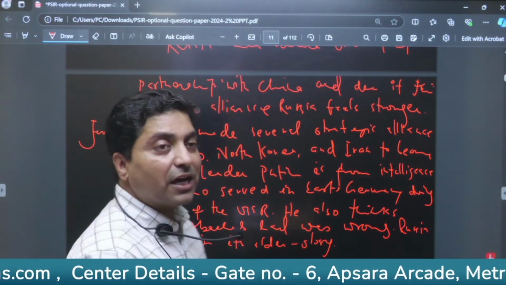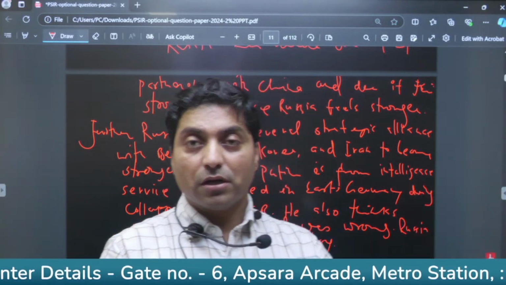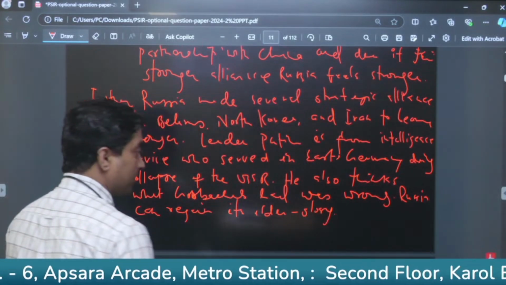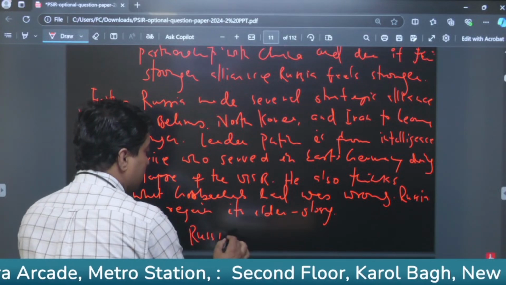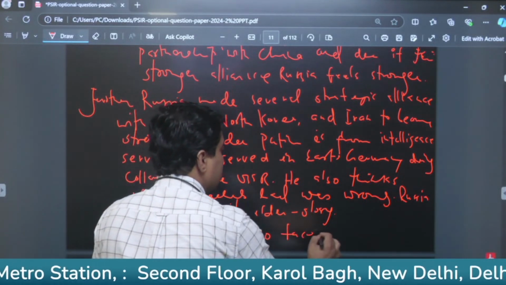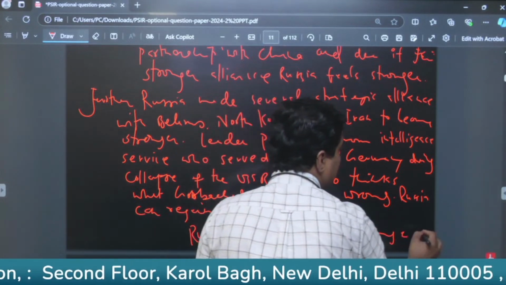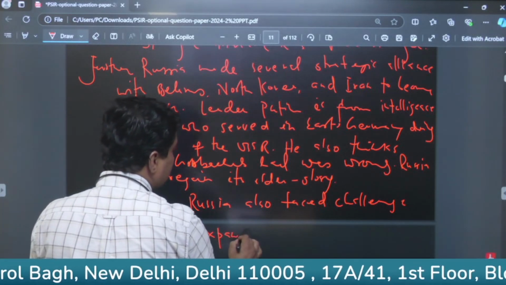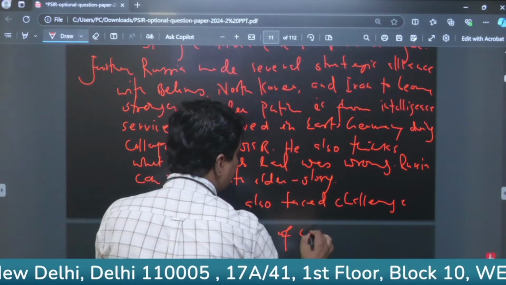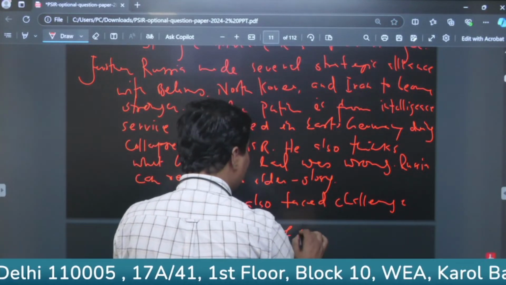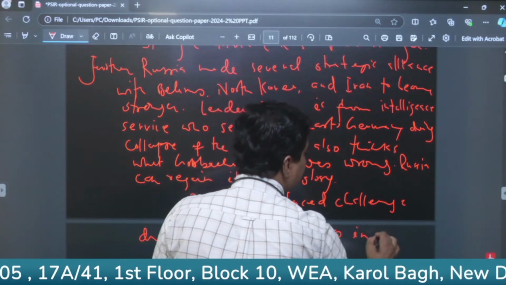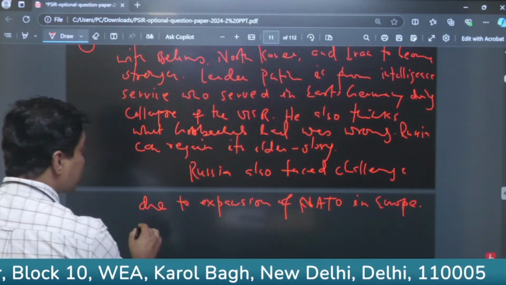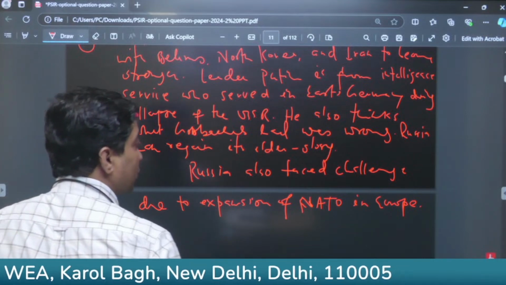On the other hand, Russia is facing threats from Europe, especially in Eastern Europe, where NATO is expanding. Russia also faced challenges due to the expansion of NATO in Europe, right?